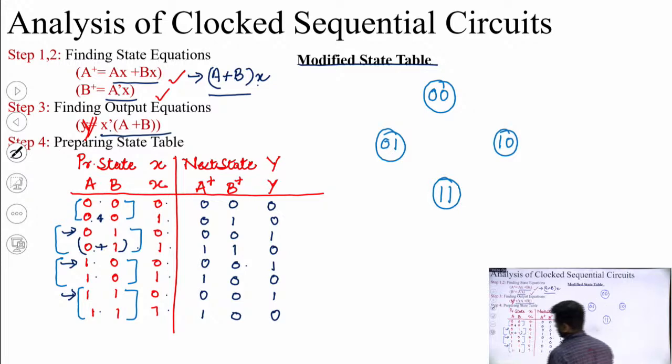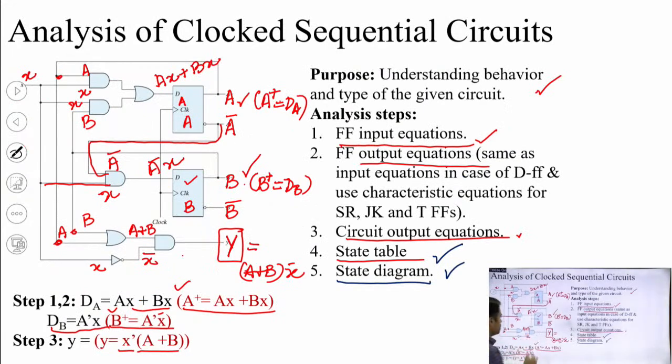So there are 4 states, and we have already seen in the previous step, in which the circuit was provided to us, that this y is dependent on x, that means it is a Mealy type circuit.